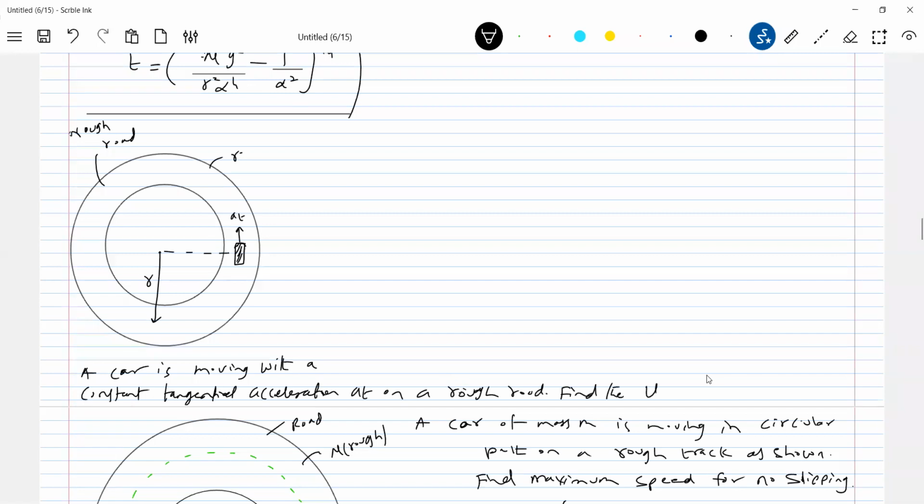Find the maximum permitted speed, or find the maximum speed for no slipping.